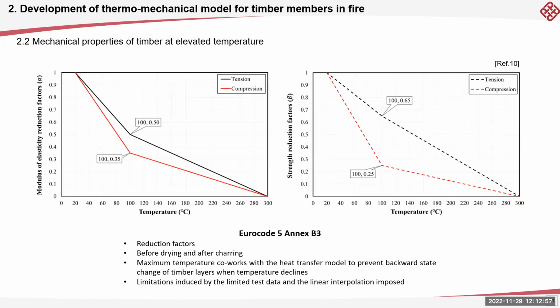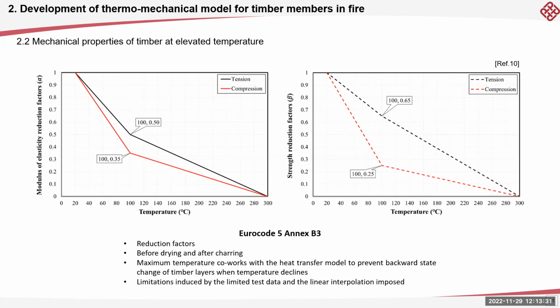As for the mechanical property of timber at elevated temperature, we consider the reduction factors defined in Eurocode 5. As you can see, it is significantly different before the drying temperature and after the charring temperature. And the maximum temperature record works with the heat transfer model to prevent backward state change of the timber layer when temperature declines.